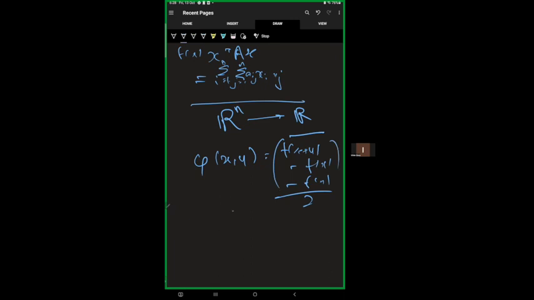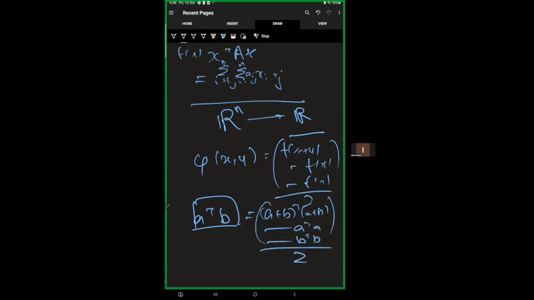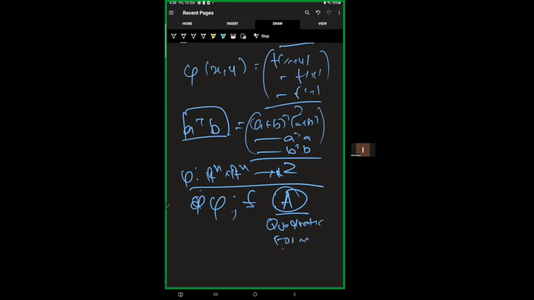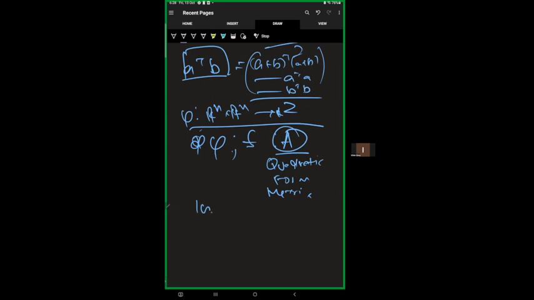This is similar to how we can define a transpose b in an inner product space as (a plus b) transpose (a plus b) minus a transpose a minus b transpose b, all over 2, where phi is a mapping from R^n cross R^n to R. Essentially, the notion of phi and f associated with the matrix A, also known as the quadratic form matrix, is similar to the inner product operator defined for inner product spaces, where a dot b is equivalent to a transpose b.